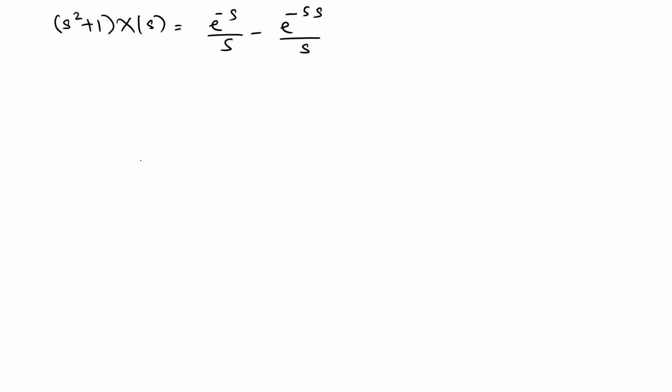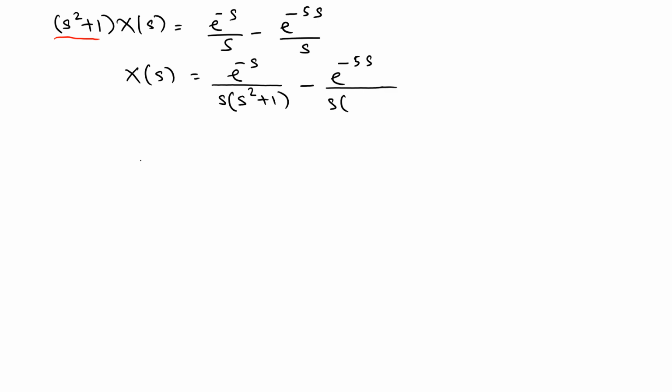Now we can divide both sides by that term. Once you do that, your X(s) is going to be e to the minus s over s times (s squared plus 1), minus e to the minus 5s over s times (s squared plus 1).